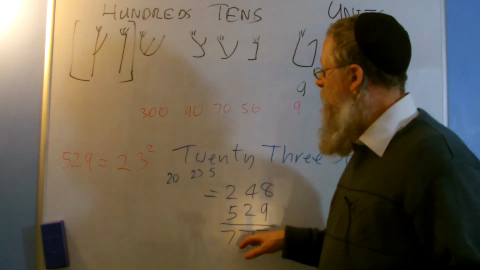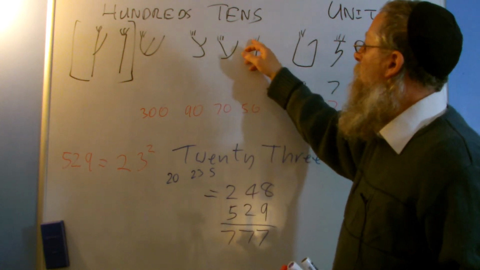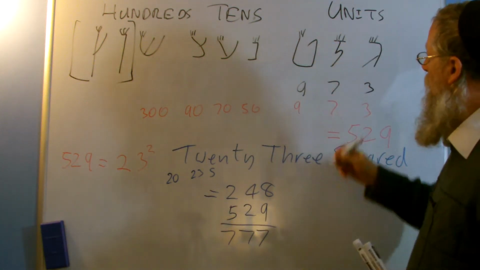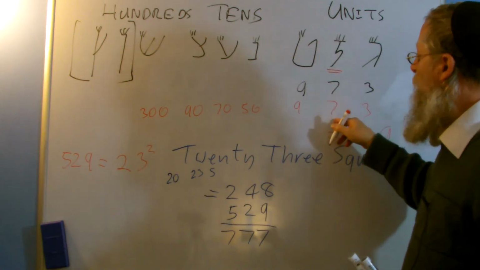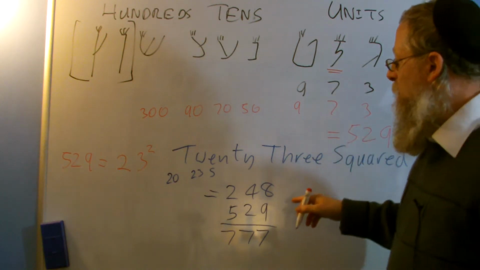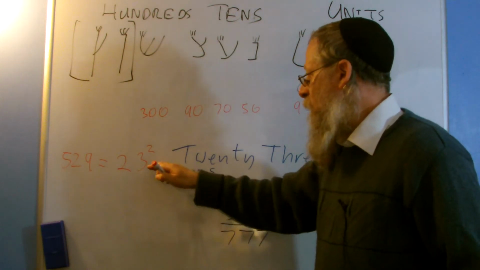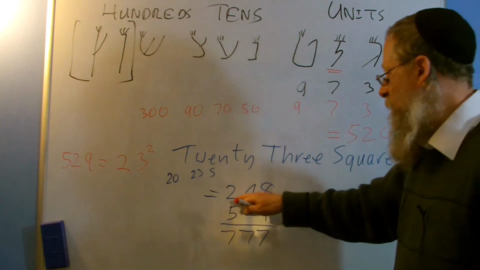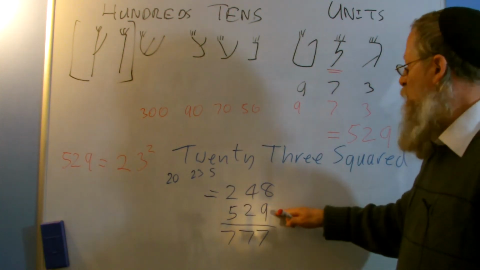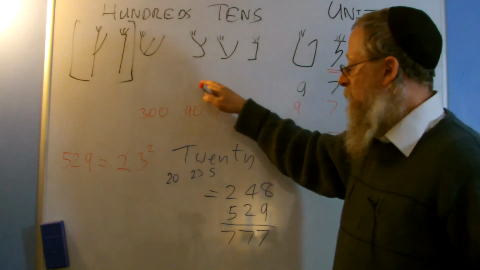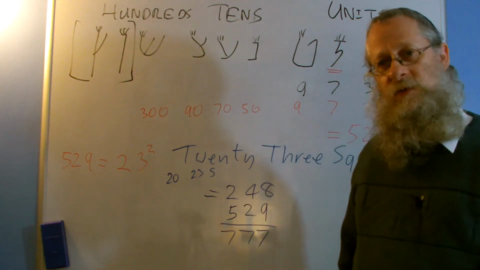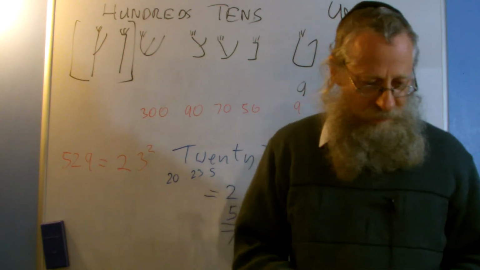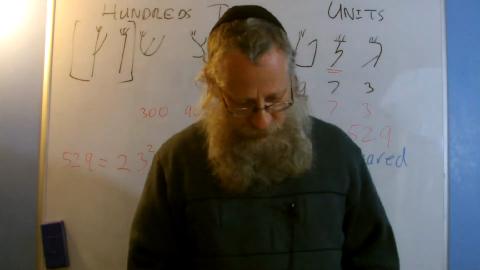But we can see that there are 3 zines, and each zine, that's the letter zine, is worth 7. So we can see that by adding the words 23 squared, the gematria in English, to the Hebrew normal value of those letters, we get 777. And then, what is the significance of that number, 777? Well, we'll see in a minute.